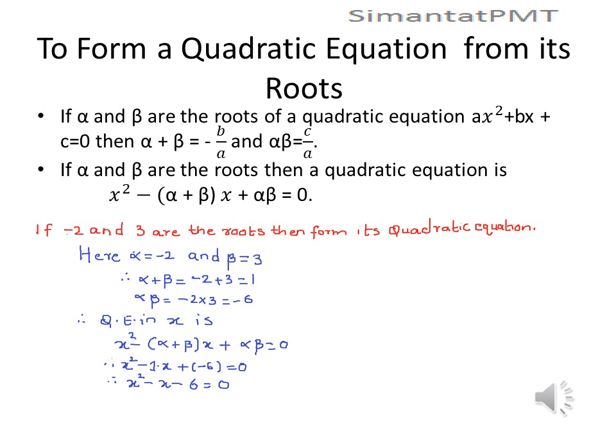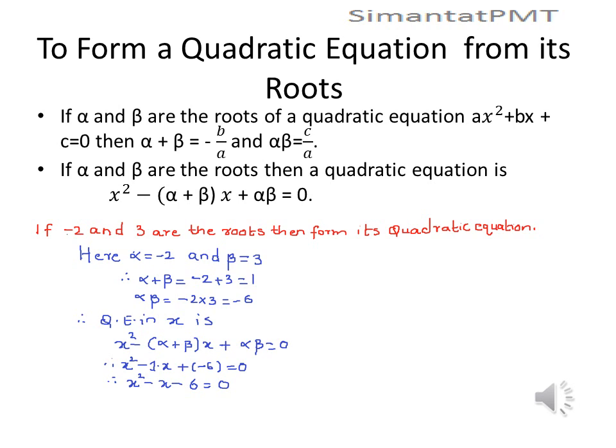Let's have a look at an example. If minus 2 and 3 are the roots, then we have to form its quadratic equation. So we find the sum of the roots first. Alpha plus beta equal to minus 2 plus 3 equal to 1. Alpha into beta equal to minus 2 into 3 equal to minus 6.